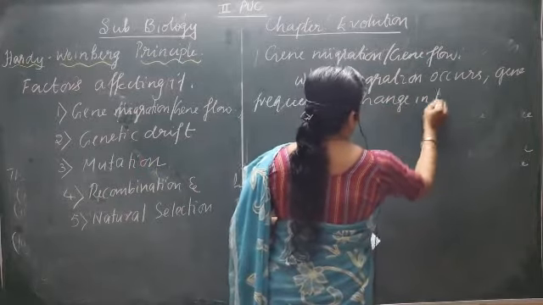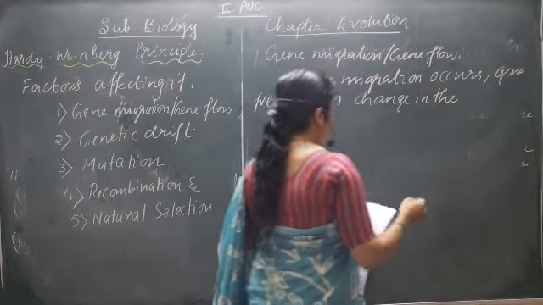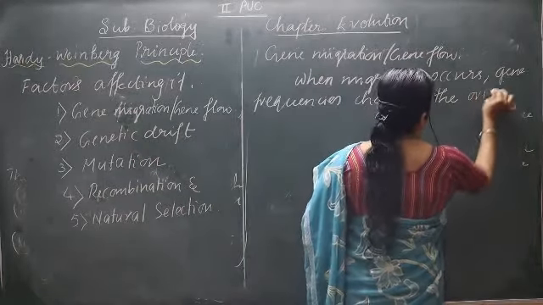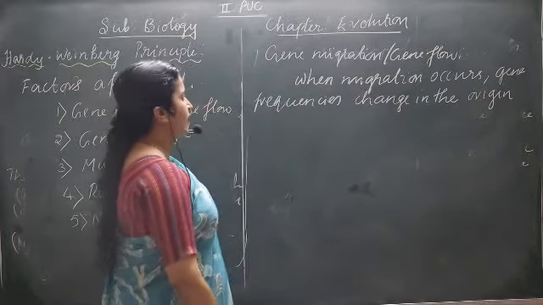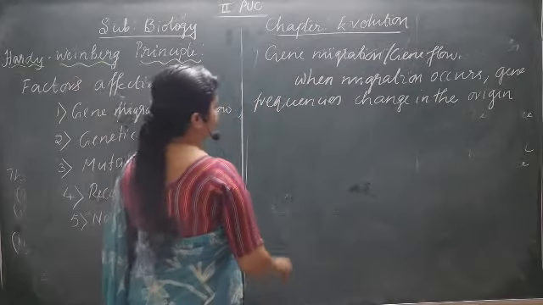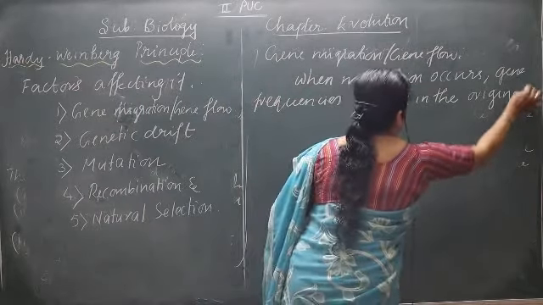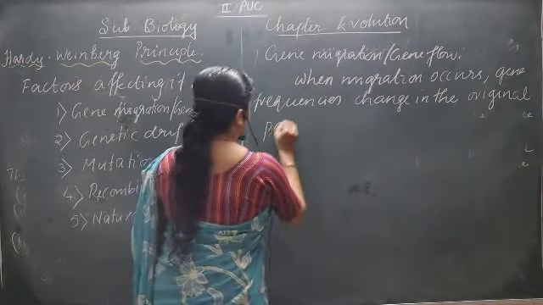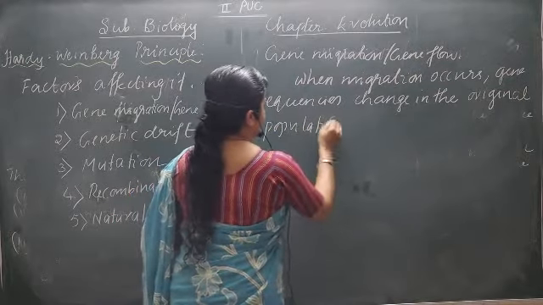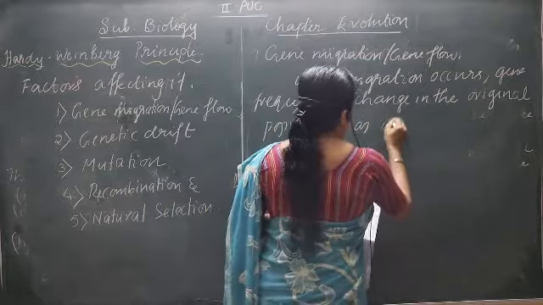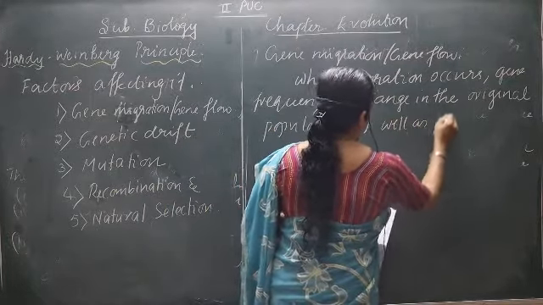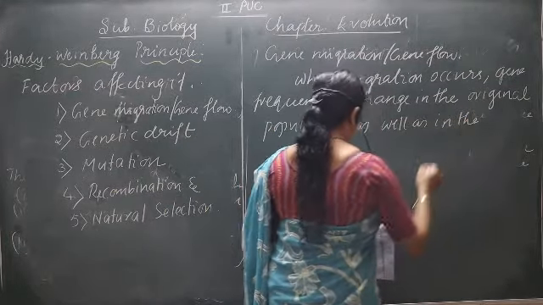In the original as well as in the new population. So when a migration occurs, gene frequency changes in the original population as well as in the new population.